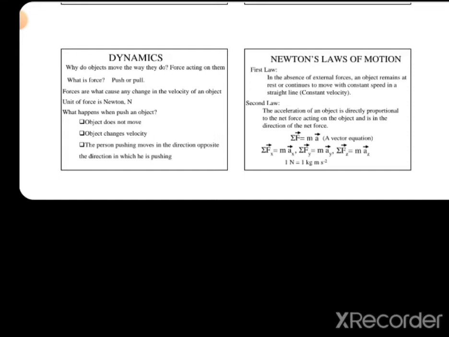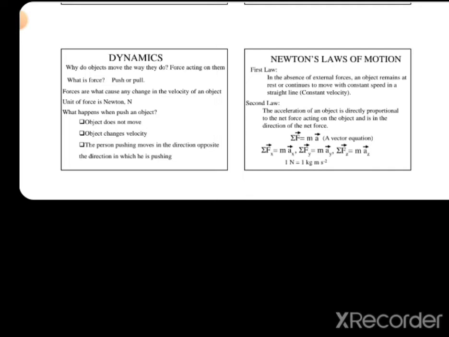Let us assume that an object is moving at 20 meters per second. That object is going to maintain that speed until there is a force which is going to act on that velocity. That's the first law of motion.